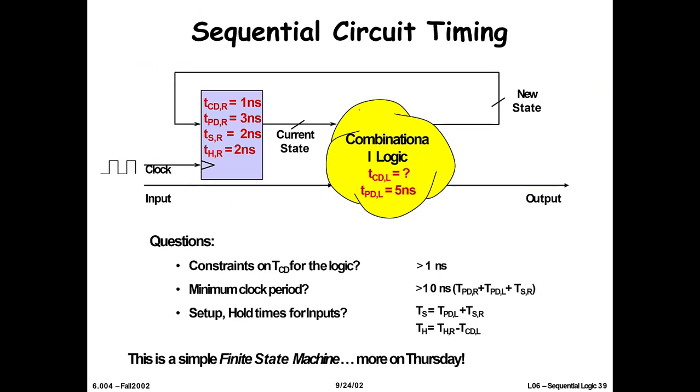Here is an example. You have this model with TCD of R. Imagine that in the previous slide we had two registers. This was our model. Sometimes this model is called RTL, register transfer logic.